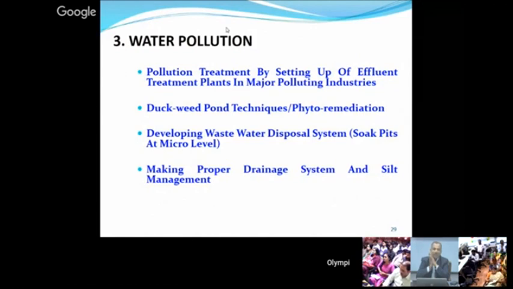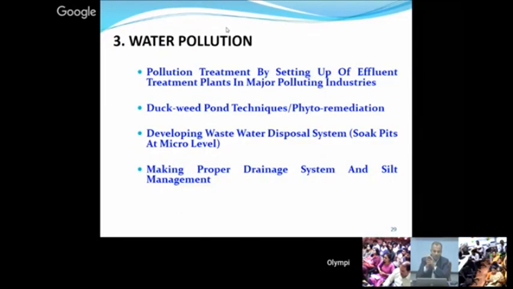Second, for small ponds, etc., we should go for phytoremediation, meaning treatment of water with the help of small plants. Third, we can have a wastewater disposal system. Then in the cities and in the rural areas, we should have a better drainage management system so that storm water is also managed and can be recycled and reused.